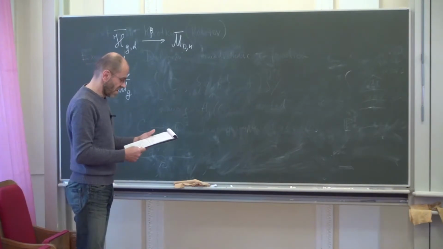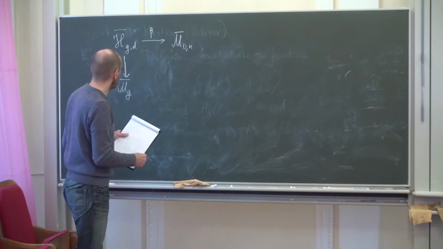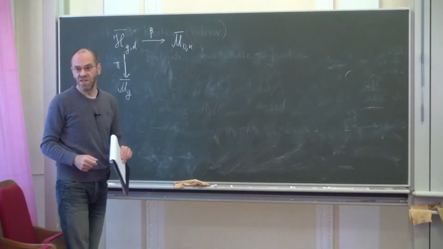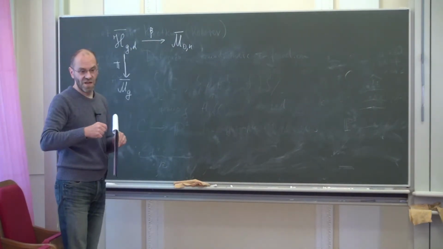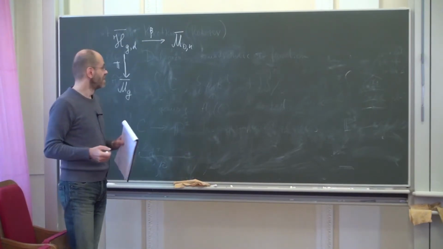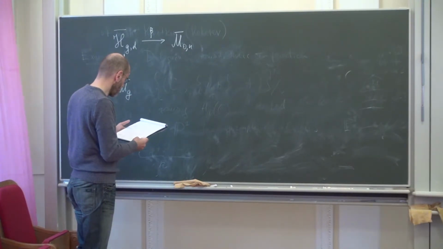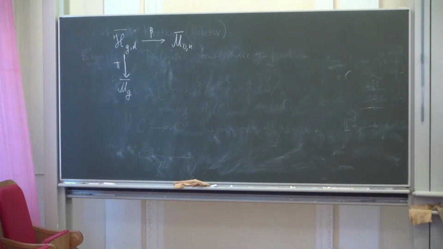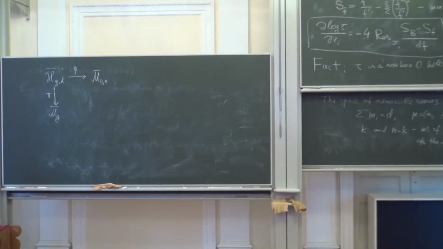So let me describe the compactification divisor first, and then I'll tell how this space looks like near these divisors. So the compactification divisors are parameterized by actually two sets of data.